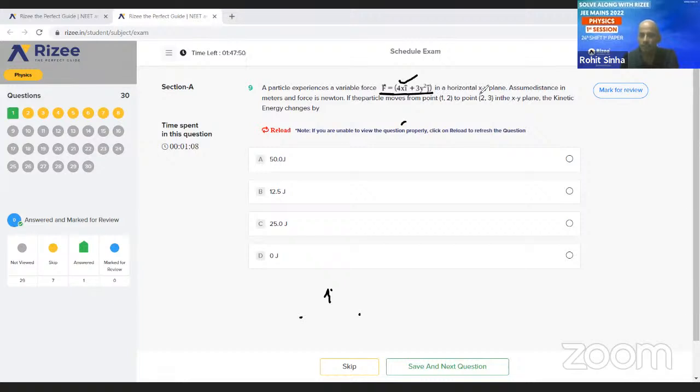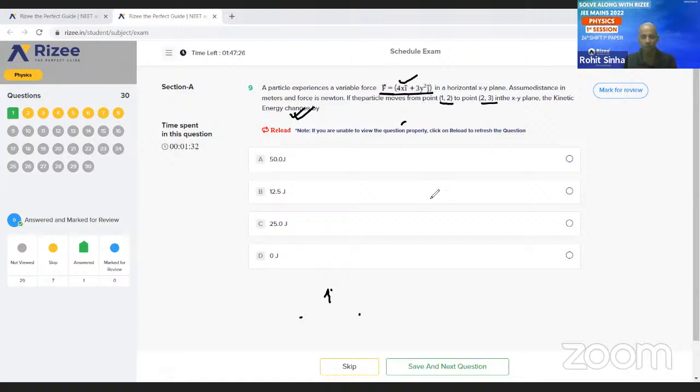All things are given in meters, that is, the SI unit system is given. A particle is moving from this point to this point. The question asks how much the kinetic energy changes. Take your time. Just use the formula of the work energy theorem.